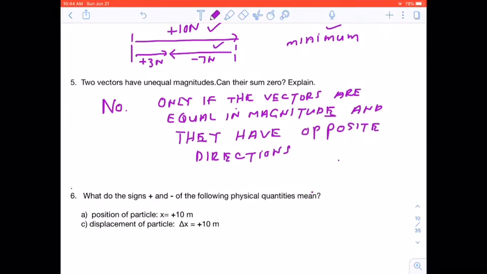Okay, I have just written all in capitals.